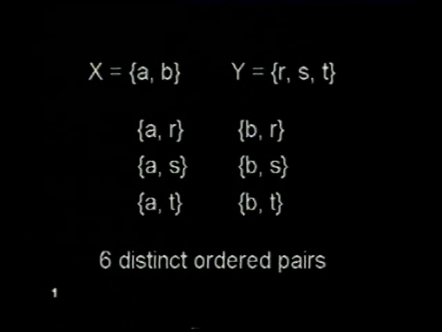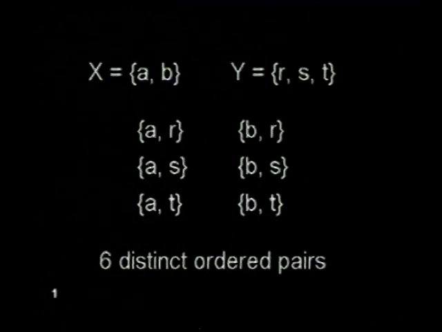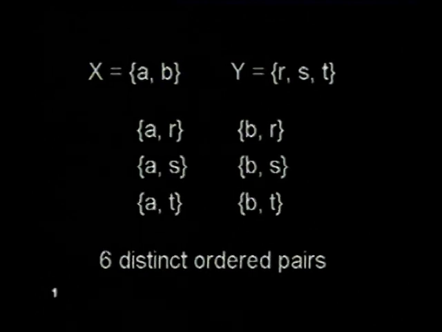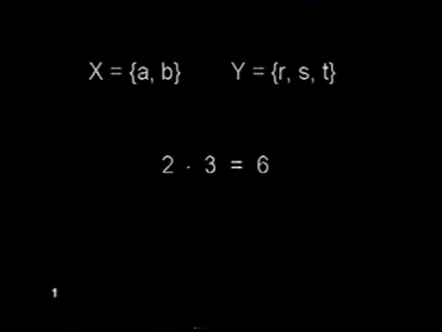There is a special relationship between the number of elements in the sets and the number of resulting ordered pairs. Notice that there are 2 elements in set X and 3 elements in set Y. When we multiply the number of elements in set X times the number of elements in set Y, the product is 6.